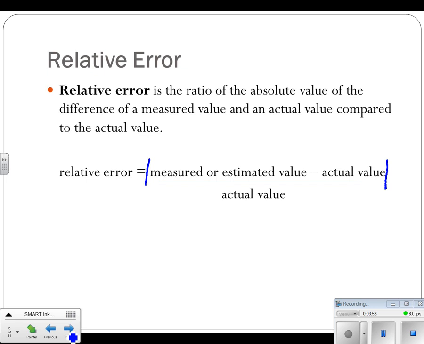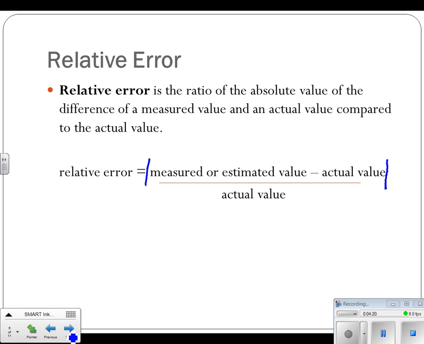A lot of times we round things or we estimate things, which is okay, but we have to be reasonable in our estimations. We say that there's a relative error, and that's a reasonable measure of how far above or below you are from the actual value.